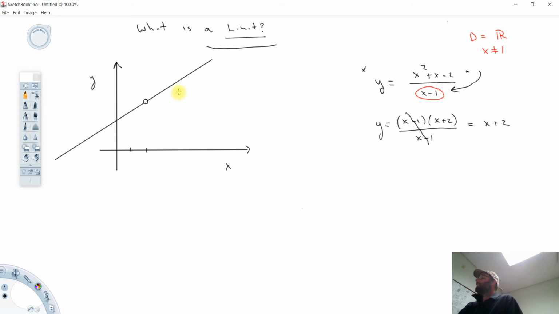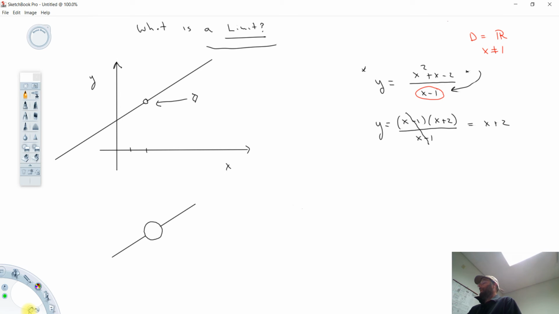Now, what we're going to do is investigate this hole and blow it up. I'm going to draw this picture down here, making the hole kind of large. Here's something to consider. This hole looks like it has a finite measurable distance this way. It doesn't. This thing is infinitely small.